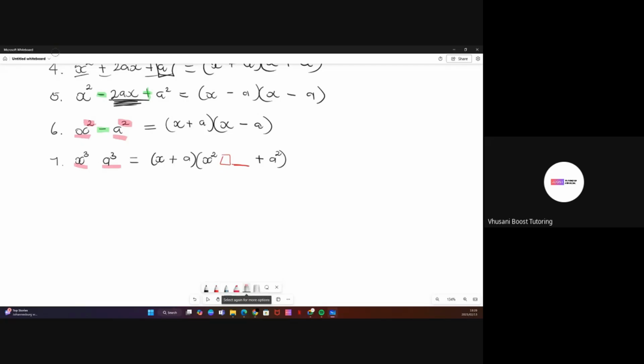If this was a negative, you would place a negative over there. And remember, do not ever change this positive symbol. Since they gave us a positive, let's change this back to a positive as well. And then all we need to do now is find the middle term. For the second symbol, you just take the opposite of this one, so it's a negative. And the middle term you get by multiplying these two, which is ax.